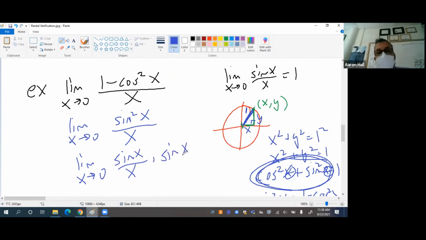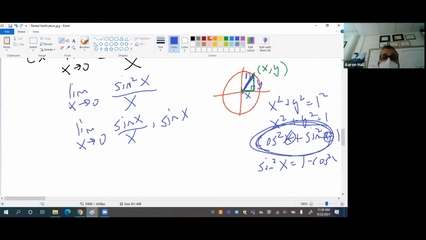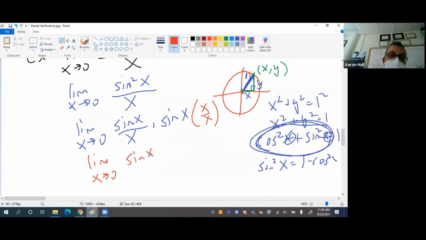Does that look right to you? Okay, now what? We multiply by 1 in the form of x over x. So that gives me the limit as x approaches 0 of sine of x over x times sine of x over x. What do I do with this extra x here? Leave it for now. Let's just move it to the front.